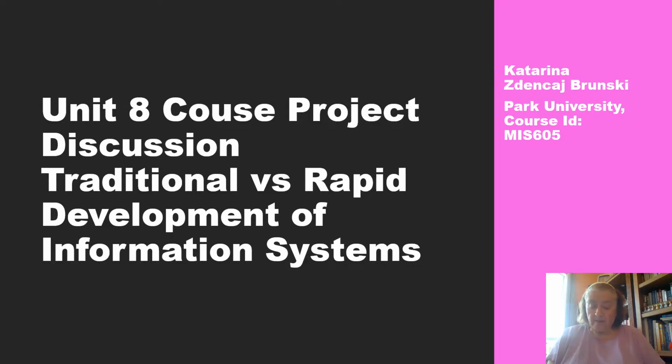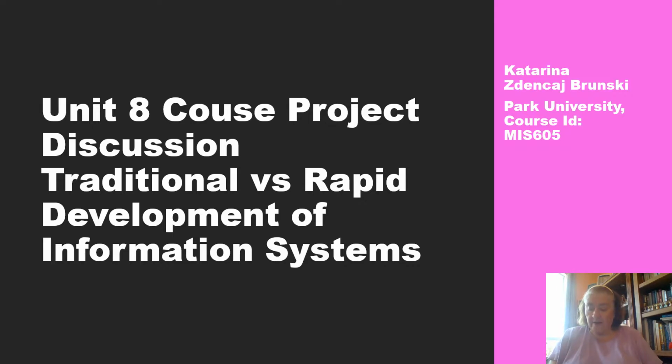So let's go back to the traditional approach, and there are 6 steps to it. In this system development, the analysis of the systems is done first, and feasibility studies as well.